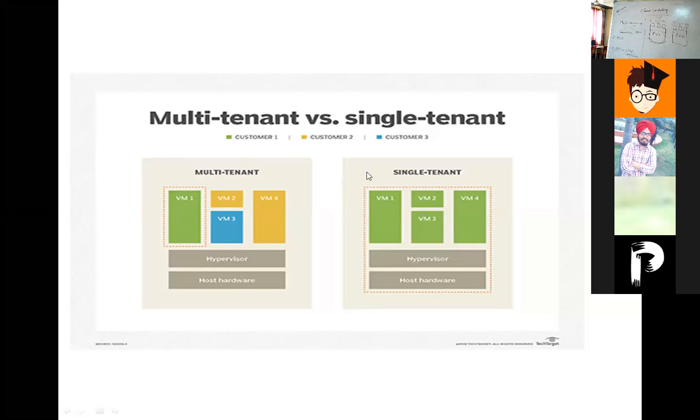This kind of concept is called the multi-tenant concept. But in the other figure, on the right side, this is a single tenant. Why is this single tenant? Because all the rooms, all the virtual machines are being used by a single customer. Though there are 4 machines, the customer is single. By customer, we mean the organization or the company who is utilizing the services of the cloud service provider. So that is the basic concept here. What is the difference between a single tenant and a multi-tenant?